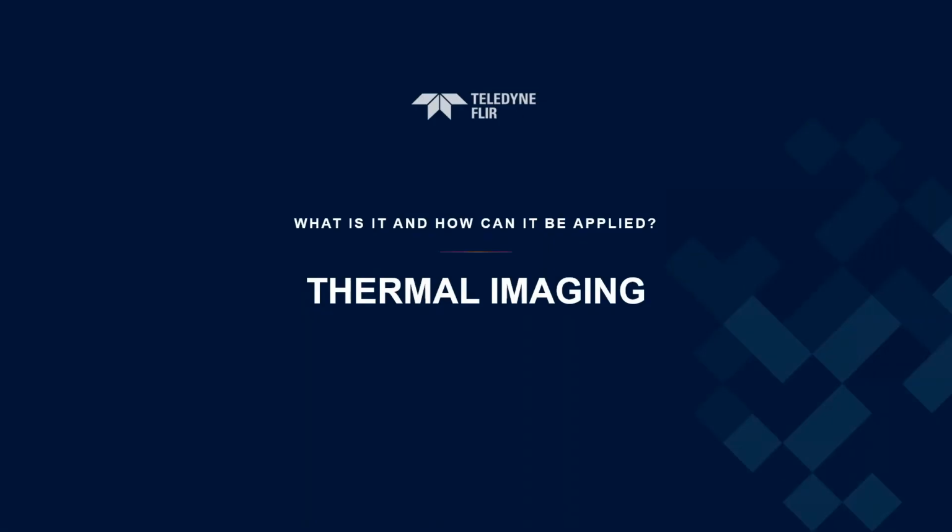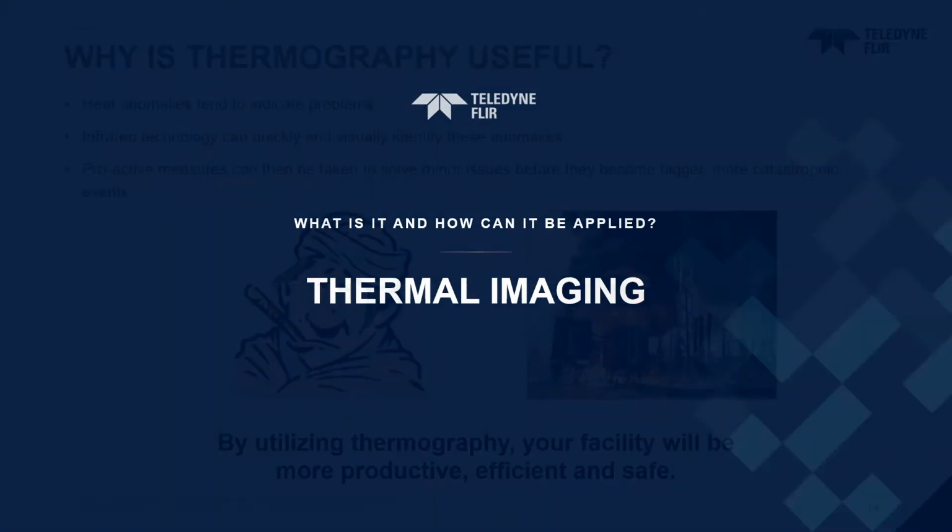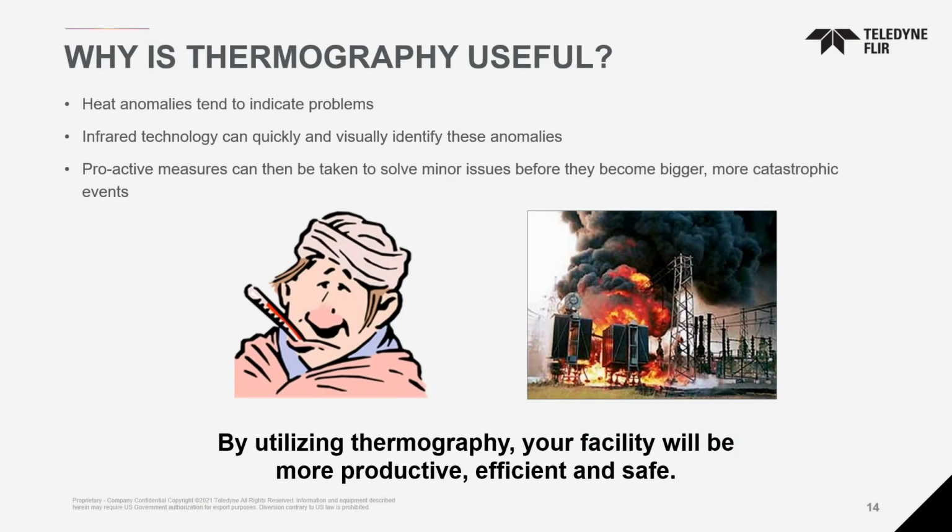Now, what is thermal imaging and how can it be applied? Typically, heat or any temperature rise in pretty much anything is representative of something. It's an anomaly. If we have a fever or equipment failure, there's something happening, right? Infrared cameras can detect early warning signs and give you a heads up, so you can take proactive measures to avoid any costly shutdown.